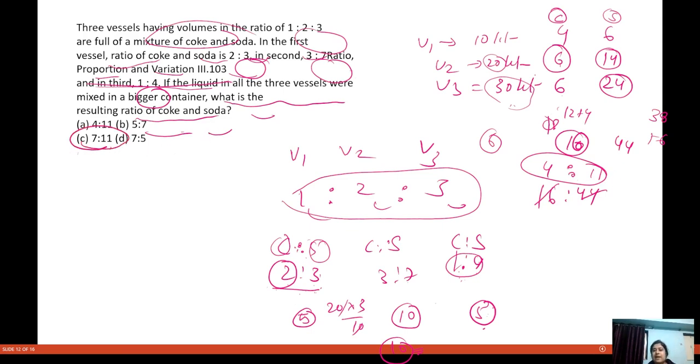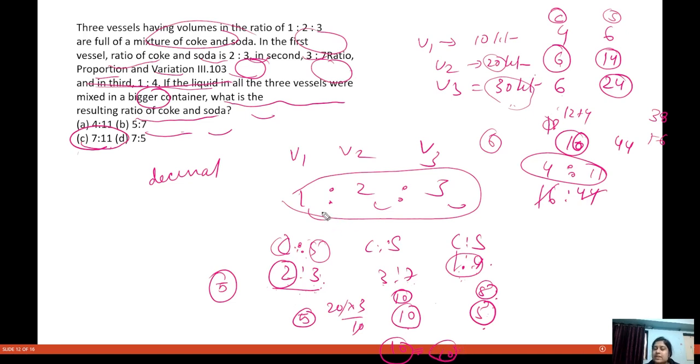But see why I took 10 here, because otherwise we would have to do this in decimal format. This is 2 is to 3, so total there are 5 parts in this. There is 3 is to 7, so total there are 10 parts in this, and this is 1 is to 4, so total there are 5 parts in this. So I took their LCM, I got 10.